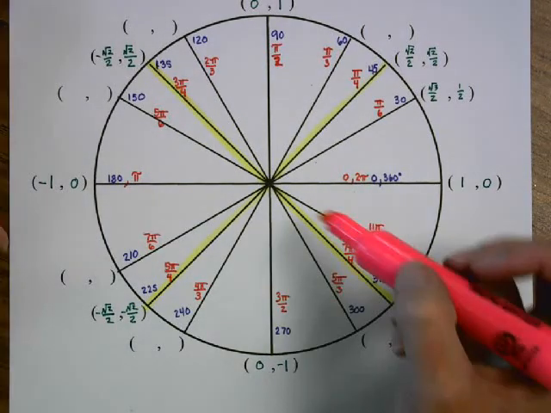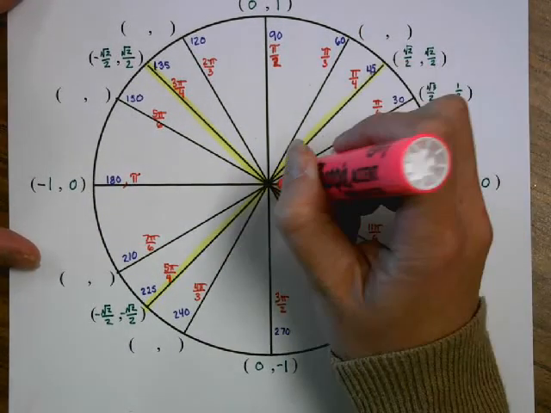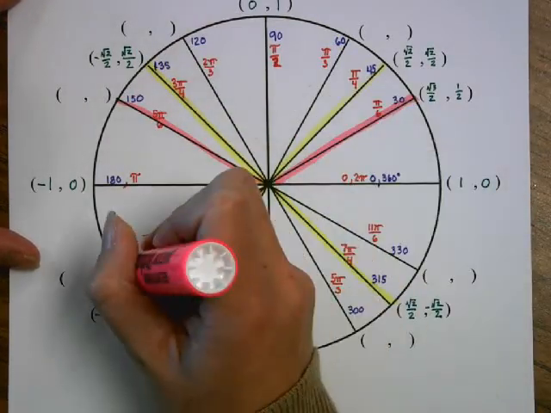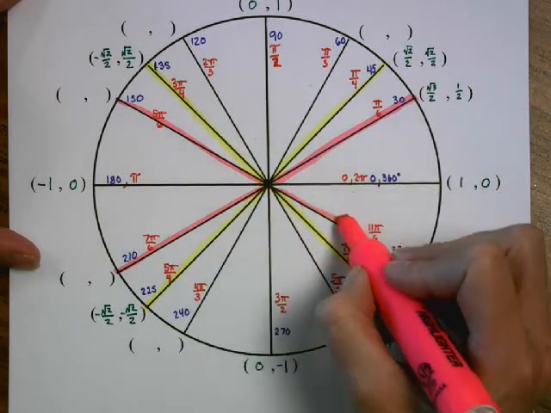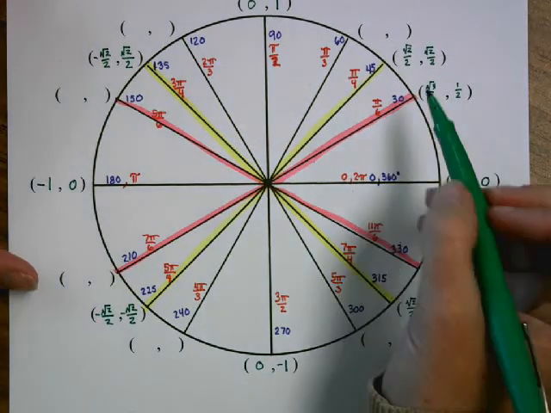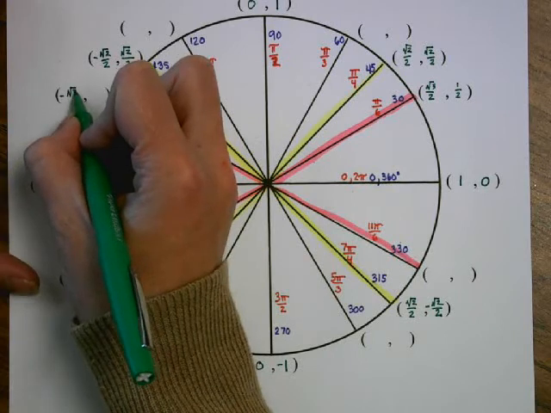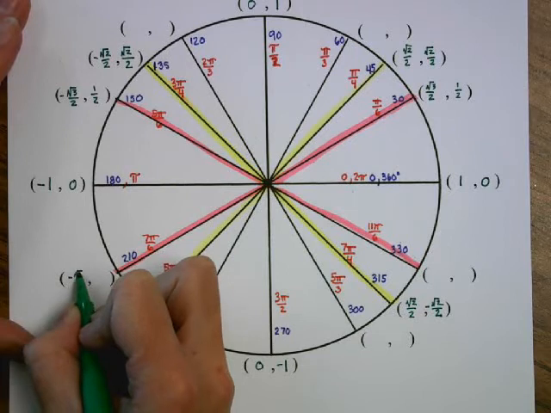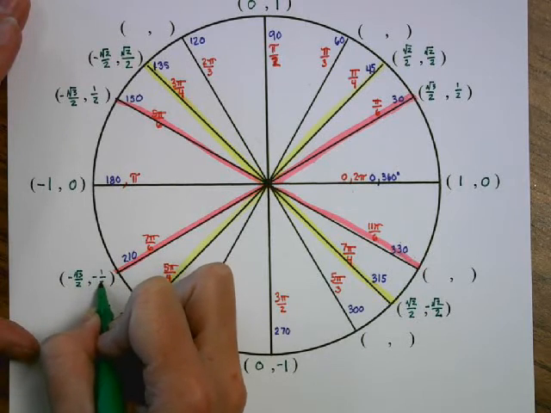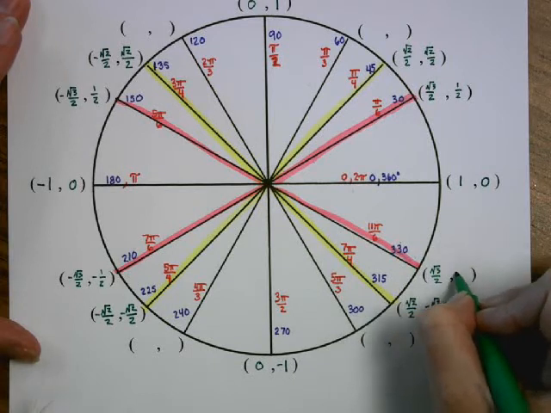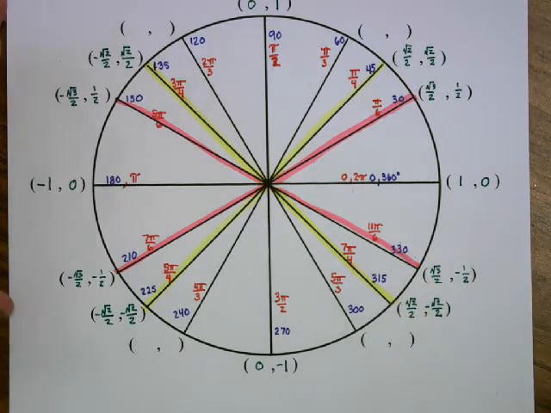So all of the angles that have that same proportion, that angle, that angle, that angle, and that angle, have the same x and y values, just changed for the different quadrants. So this one's a negative root 3 over 2, 1/2. This is a negative root 3 over 2, negative 1/2. This is a positive root 3 over 2, negative 1/2.